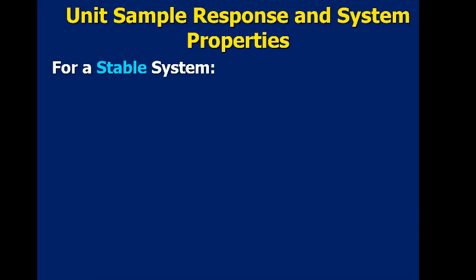I can also tell if a system is stable or not from either the difference equation or from the unit sample response. And it turns out it's easier in some senses to determine if it's stable from the unit sample response if I have that available. Now, we haven't really talked about what we mean by a stable system. We're going to start with a very simple-minded definition of a stable system.